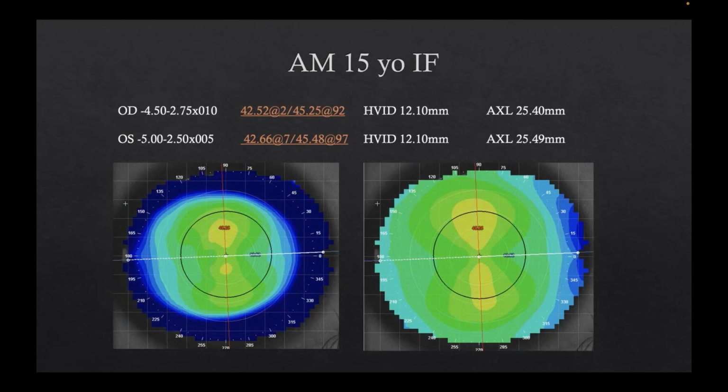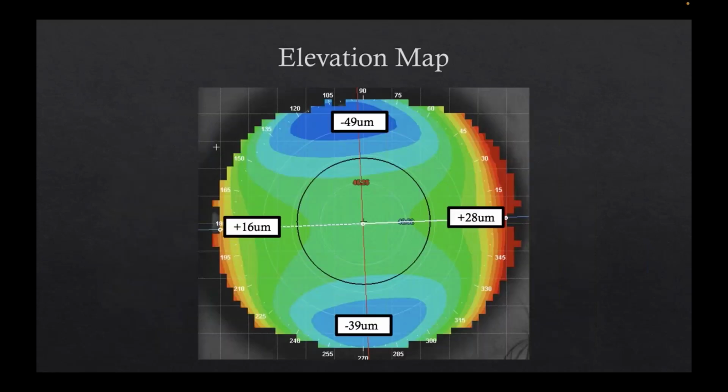But before I even think about designing a lens, the first thing I do is look at the elevation map. To me, the elevation map is kind of the key to understanding the relationship between a lens and the cornea. I think y'all know this, but the elevation map essentially is showing how different that cornea is from a sphere, from a best fit sphere.